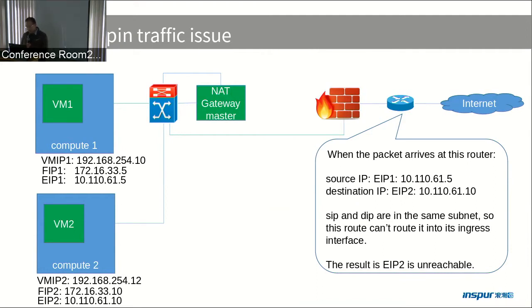You can see for this packet, the source IP is EIP1, the destination IP is EIP2, right? They are in the same subnet. So this external router cannot handle this situation because actually this breaks routing convention. So the result is EIP2 is unreachable.